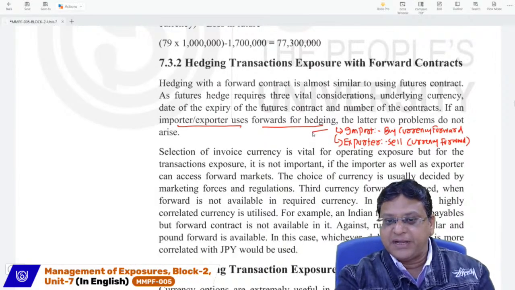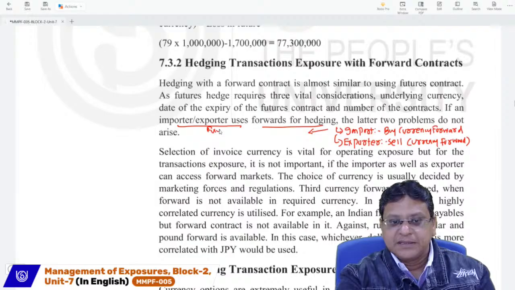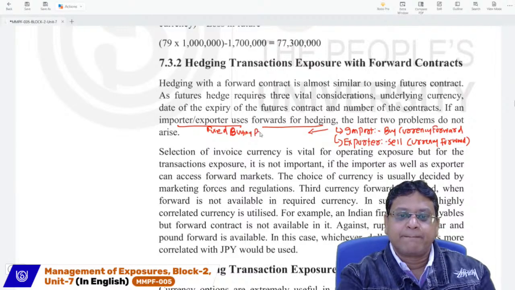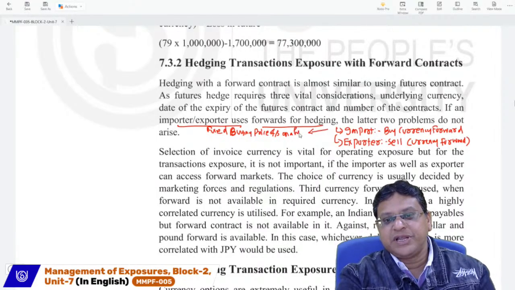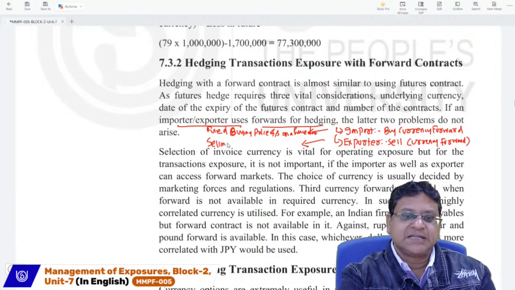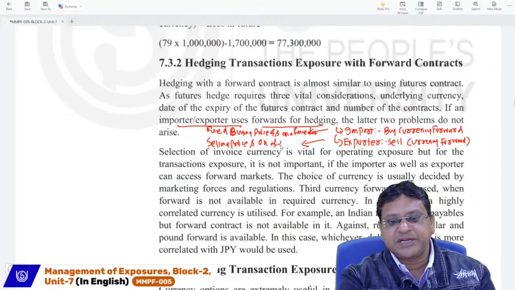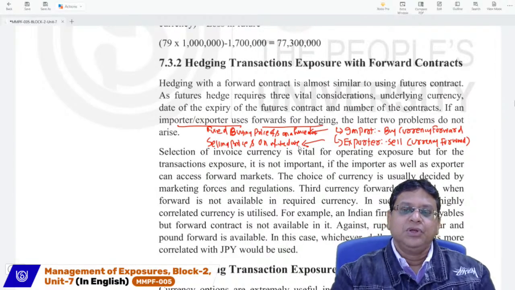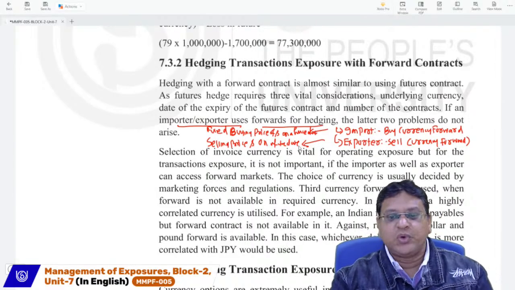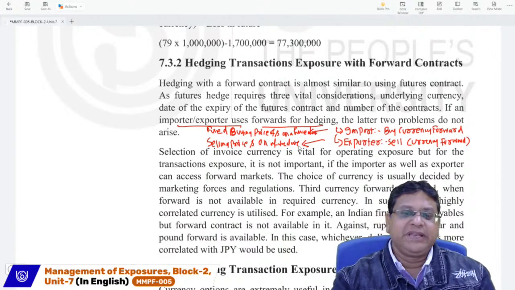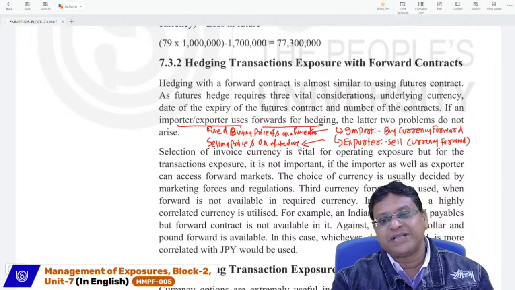By buying currency forward, importer fixes the buying price of dollar or foreign currency on a future date, and an exporter fixes the selling price of dollar or foreign currency on a future date. So, currency forwards are used when currency futures are not available. In case of currency forwards, there will always be default risk or counterparty risk.